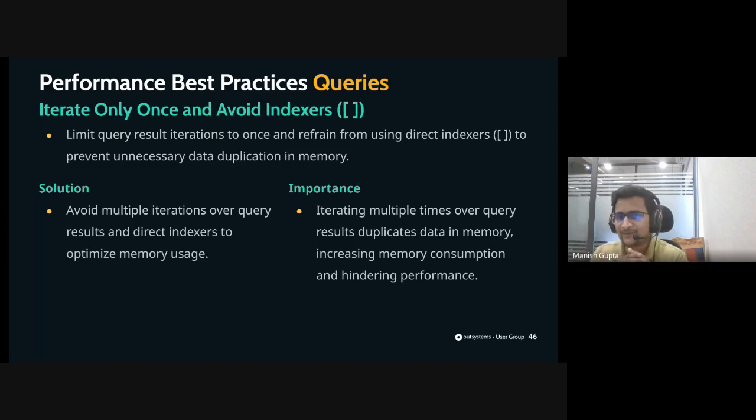It helps to prevent unnecessary data duplicates in the memory, because as I mentioned, whenever we are having this data call, it is creating caches over there, and the unnecessary data will be duplicated in the memory when we are iterating the data again and again with different indexers. So how can we solve it? We should avoid multiple iterations over the queries, and we should use the direct indexers to solve it. Iterating multiple times over a query result duplicates data in memory, and increasing memory consumption hinders the performance of any application that we are building.